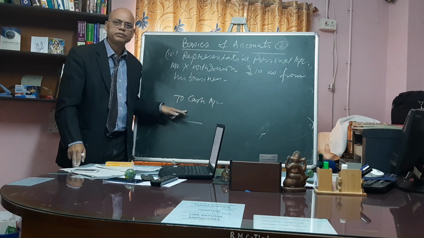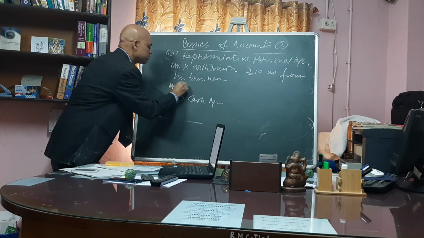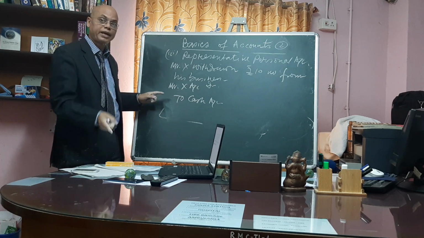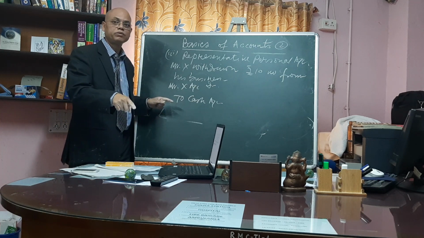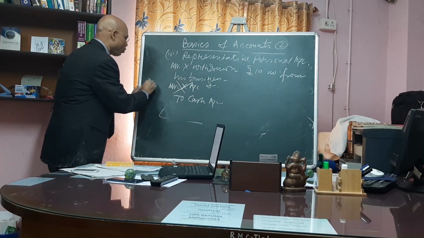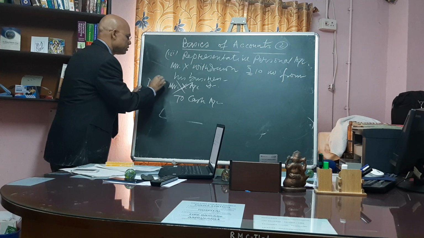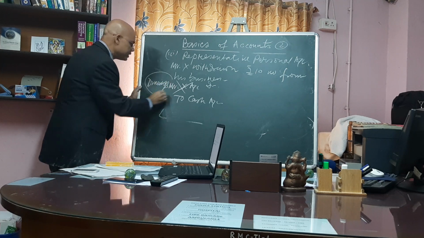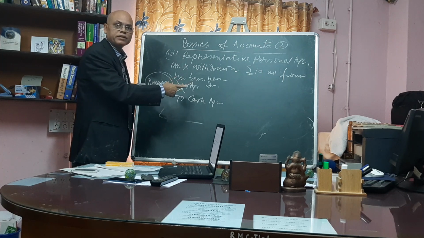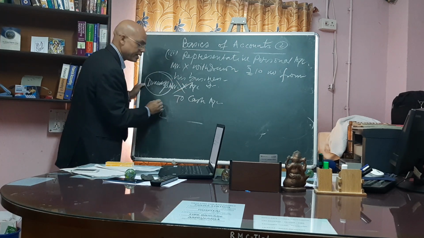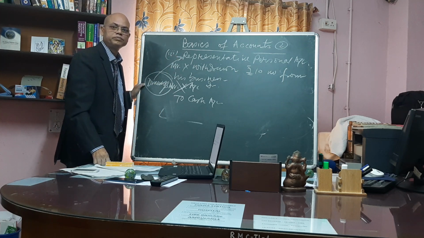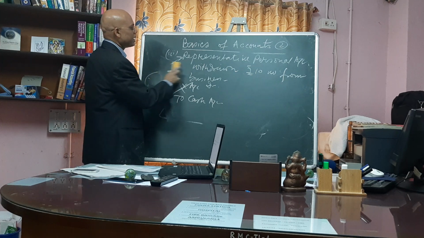And debit is the receiver, therefore Mr. X account debit. But again, using the separate entity concept, we do not write the name of Mr. X. There we write drawings account debit. Then drawings account also represents Mr. X. Therefore, drawings account is an example of representative personal account. Again, I am giving you another example.